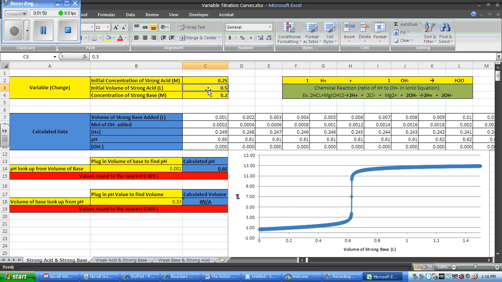Make sure that everyone knows all the molarity is moles per liter, and the volumes are in liters. So I have the initial volume of 0.5 liters, and initial concentration of strong base is 0.2. I'm going to change that to 0.25 right here. Awesome. And that should change the titration curve right here.